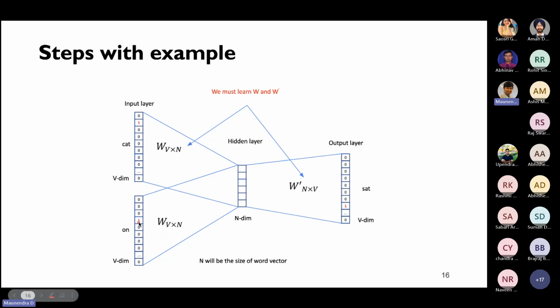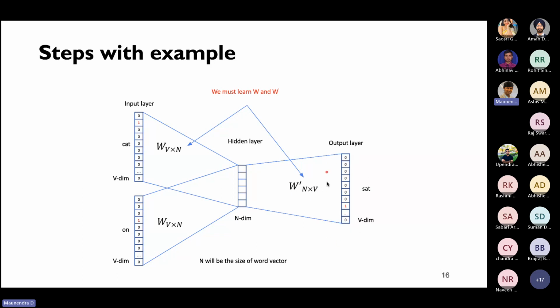If w plus 1 is the other word, that one cell has 1, everything else is 0. And these come to the bottleneck layer. So this is multiplied by W of V cross N and this is multiplied by W of V cross N, and we can sum them together. And this becomes this one, and this we multiply with the other matrix, W prime.